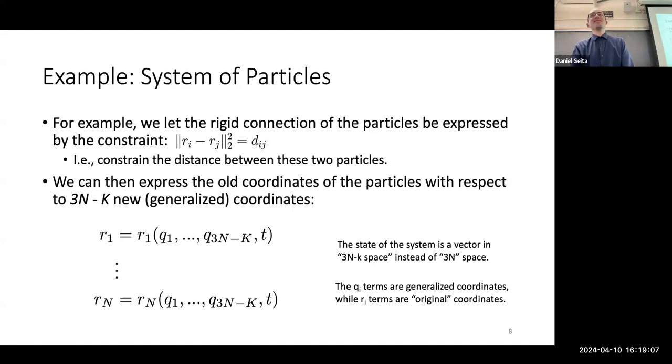All I care about is we used to use 3n numbers to indicate the space. Now we've added in constraints, and then we just rewrite everything in terms of the Q. So those are the generalized coordinates. I found the concept to be a little bit trickier than I thought it would be at first.